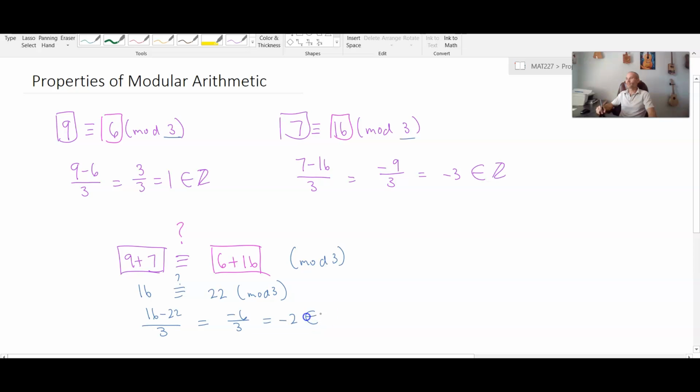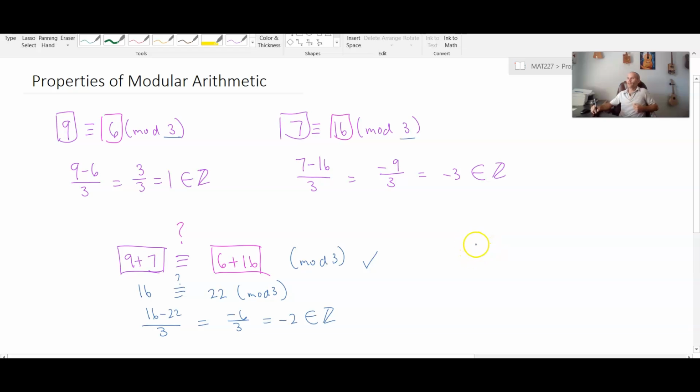And negative 2 is in fact an integer, and therefore this statement is true. Okay, so what this emphasizes is that if I have the same mod value, mod 3 in this case, the congruence relations are summative. They can be added together.